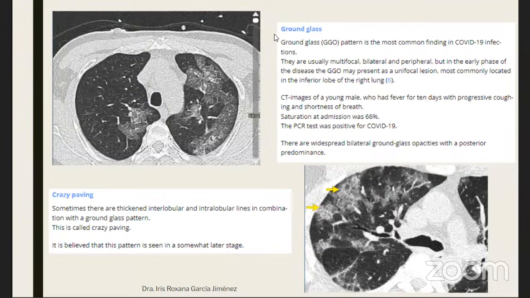For example, the ground glass, very common during the pandemic times because that was the pathological picture we were looking for to give a COVID-19 diagnosis, right? Then we have crazy paving. You can see the pattern and how it works. Okay.